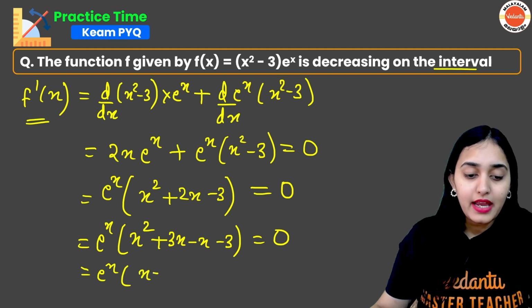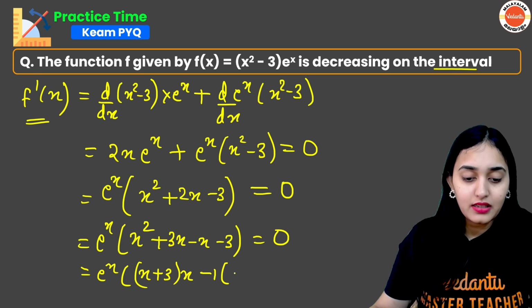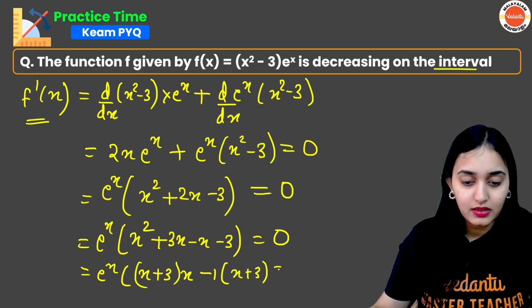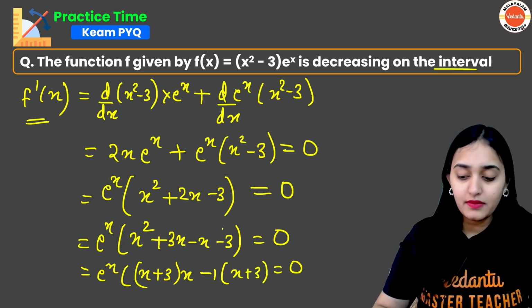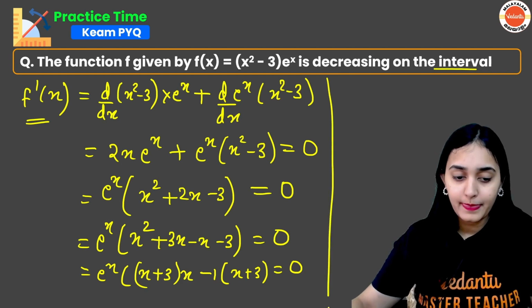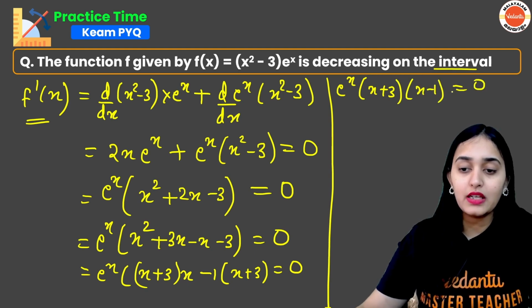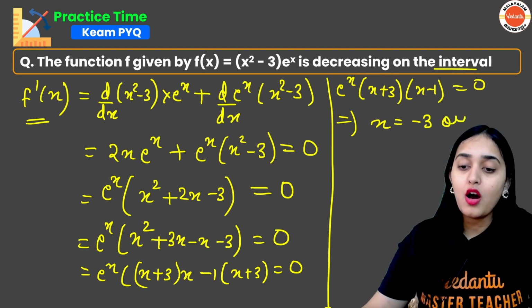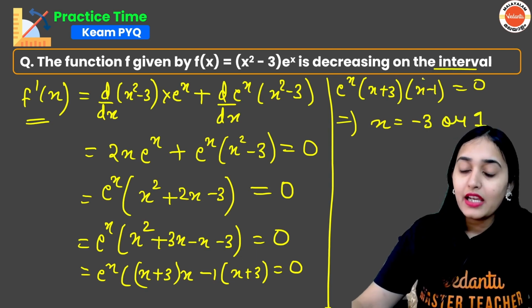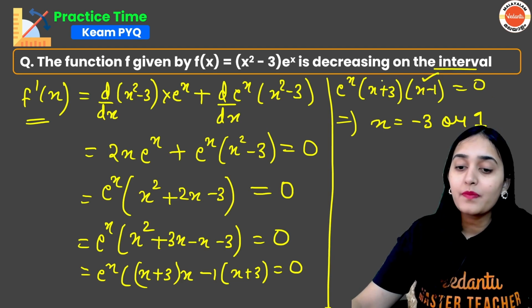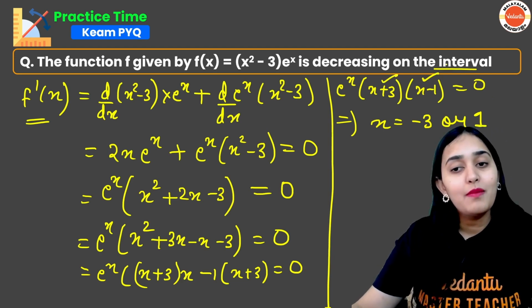So we have x plus 3 into x minus 1 into x plus 3. So x plus 3 common, we will get e to the power x into x plus 3 into x minus 1 equals 0. This implies that x is equal to minus 3 or plus 1, right? If this is 0, x is plus 1. If this is 0, x is minus 3.